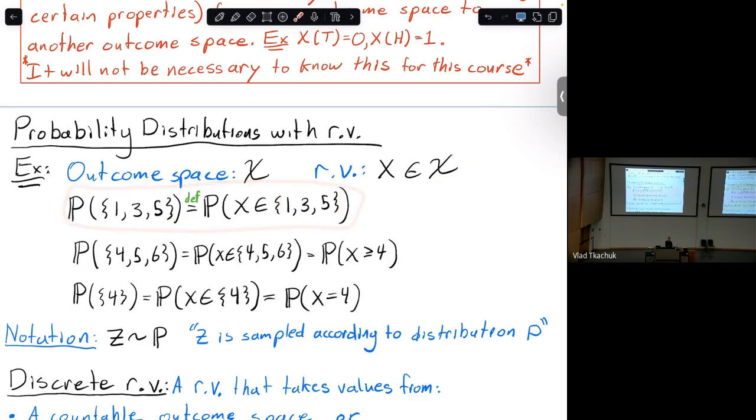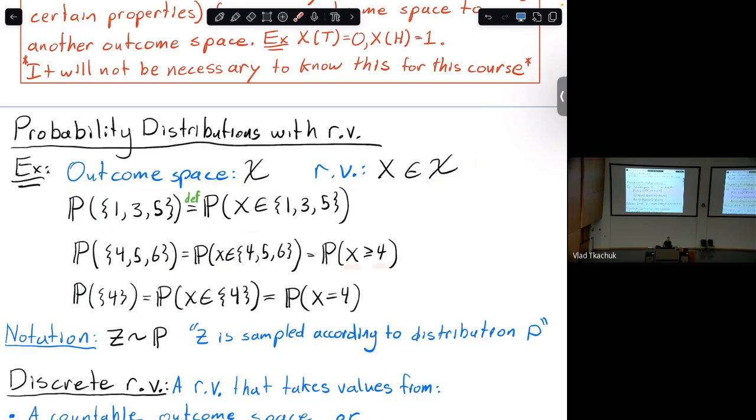People will write things like this. Similarly, the probability of getting the numbers 4, 5, 6 can be written as the probability that your random variable takes values 4, 5, 6. Then there's more informal notation that simplifies things. People write, what's the probability that my random variable is greater than 4?